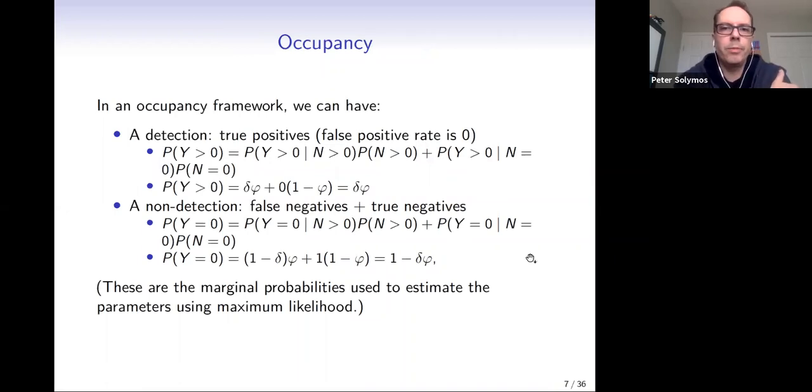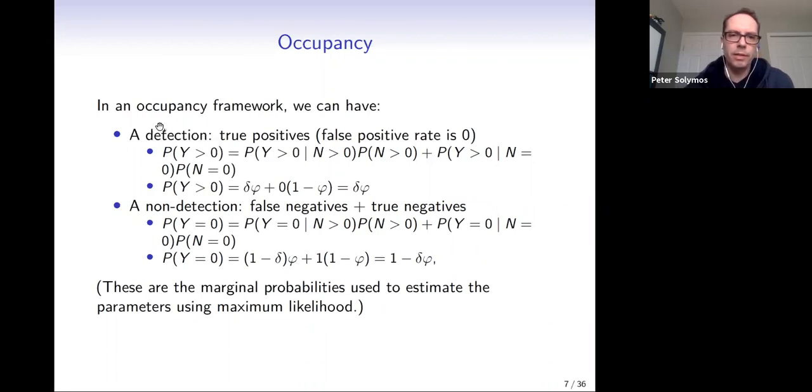Now, in an occupancy framework, when we are really just concerned about whether we detect 0 or not 0, or whether there is 0 or non-zero true number of individuals, we can talk about different outcomes. And by different outcomes, I mean what we observe. So there are true positives, which means the species is there and we happen to detect it.